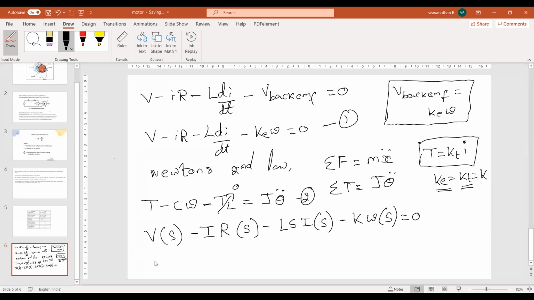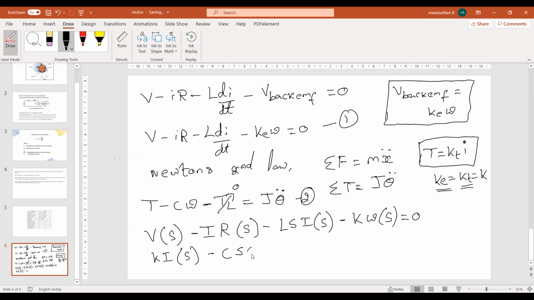What is the second equation? It is torque. I'll write it as k into I of s minus c into omega. Omega can be written as what?